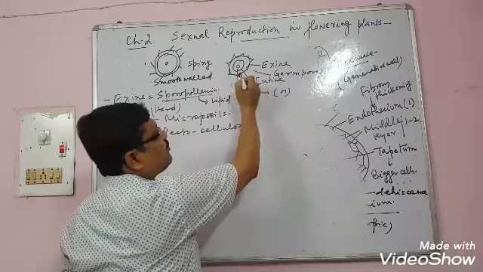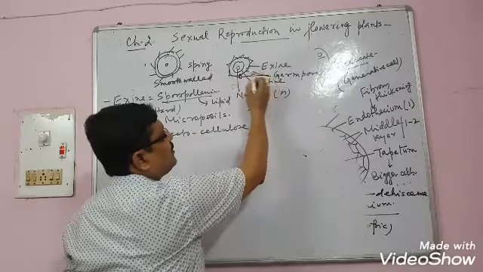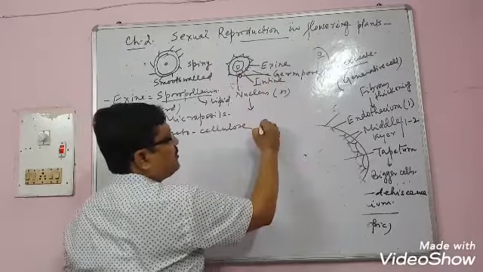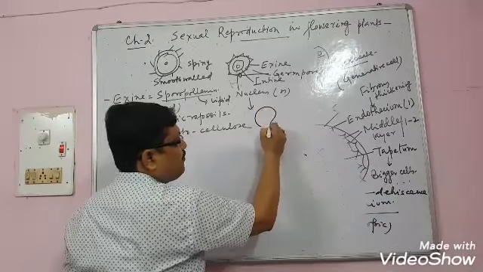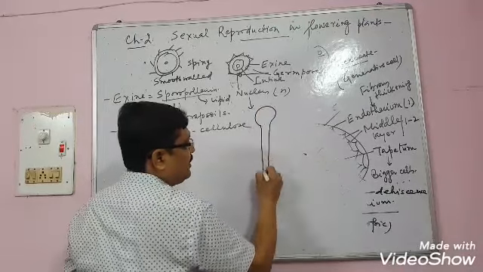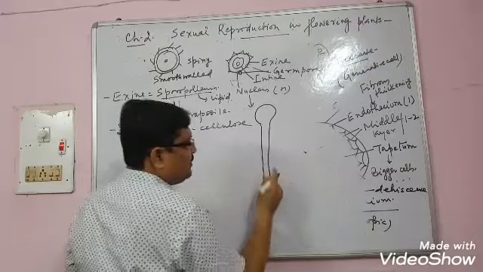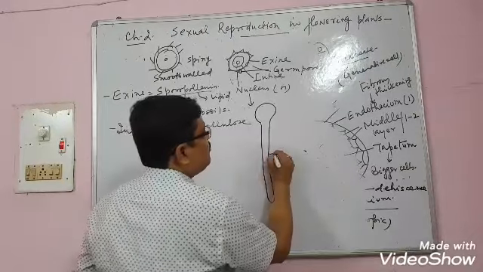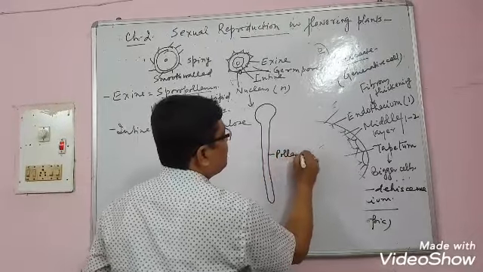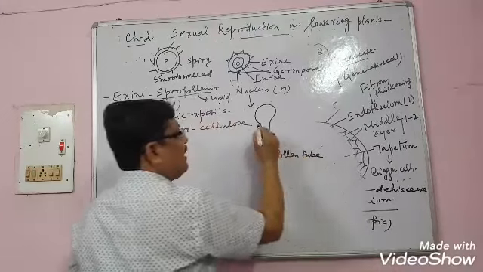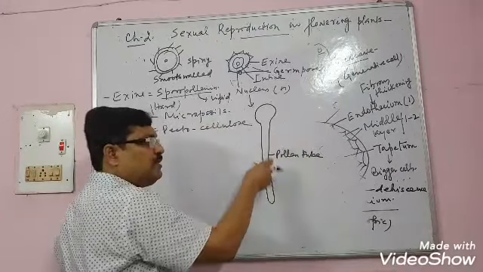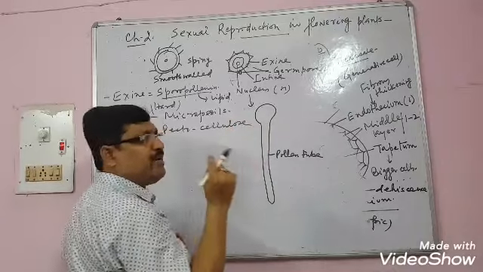Suppose here is the germ pore, through this germ pore. So this is the pollen tube, and in this pollen tube the two nuclei will migrate.